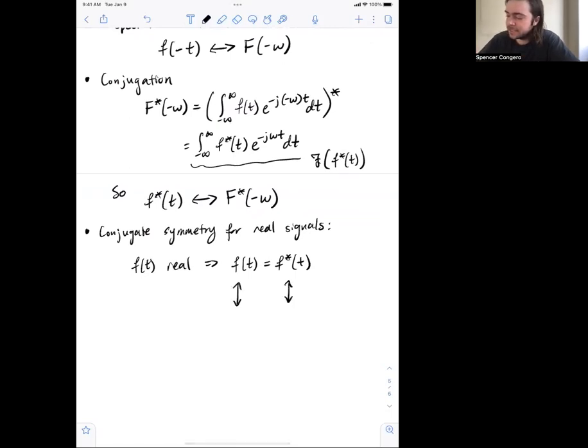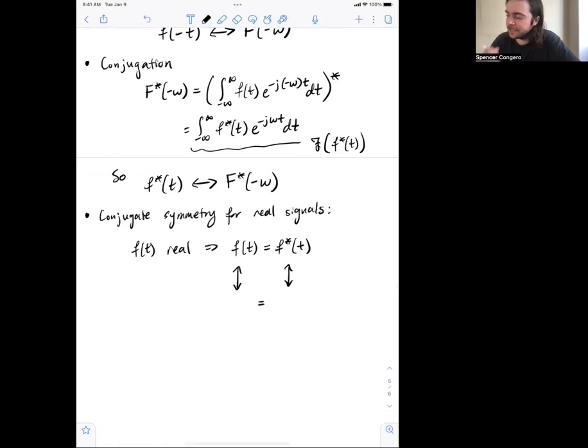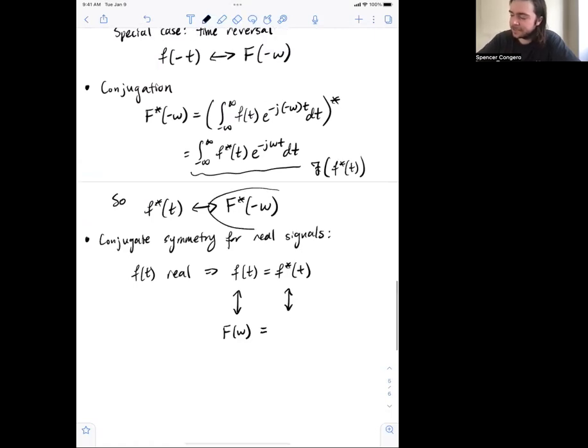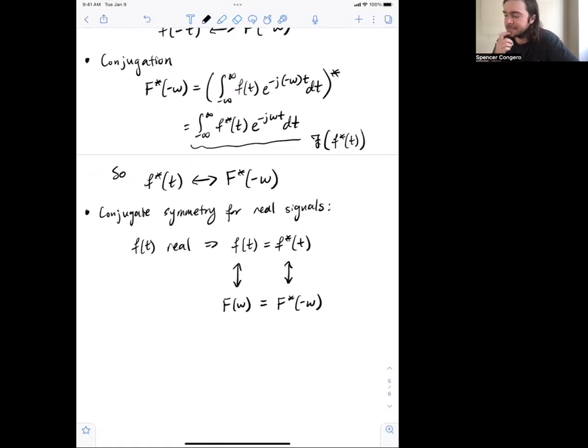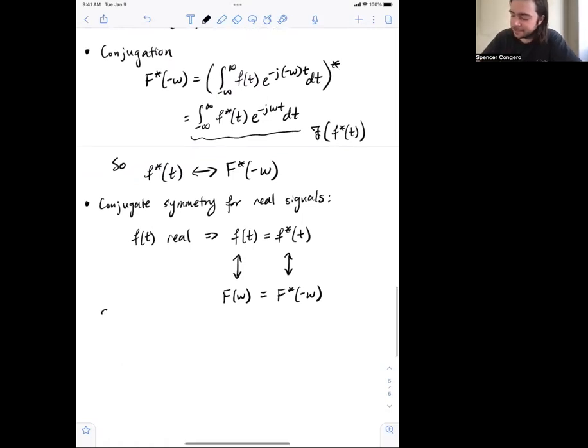If those two functions of time are equal, then their Fourier transforms have to be equal too. The Fourier transform of f of t is F of omega, and the Fourier transform of f conjugate of t, we just saw, is F conjugate of negative omega. So those two functions are the same, and that's all this property says.